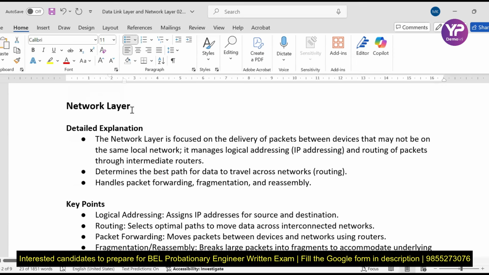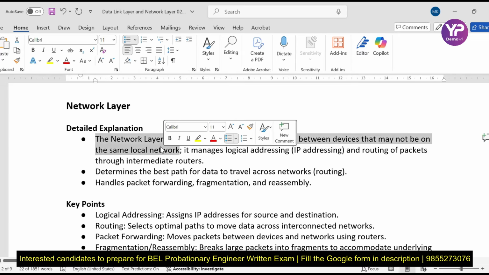Now see, network layer. The network layer is focused on the delivery of packets between devices that may not be on the same local network. Now see, in the network layer, we already discussed we use routers whose main functionality is to... what is the functionality of the router?